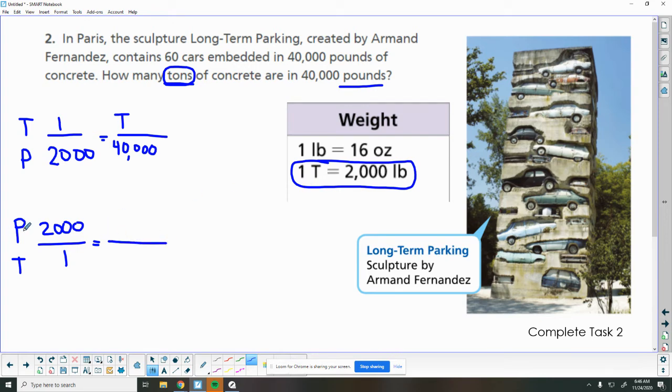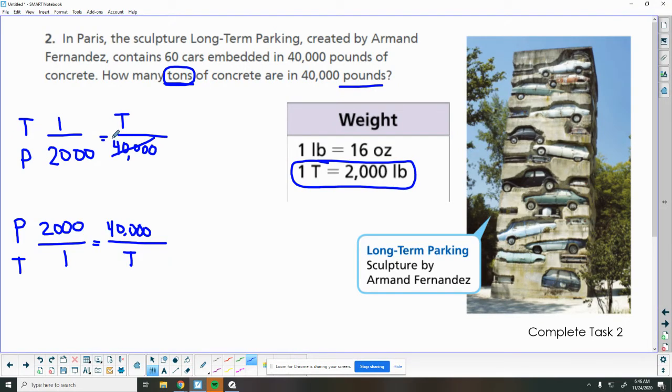So we can do it the other way here. We're looking for 40,000 pounds. So we're going to put 40,000 matching up with the pounds. We're looking for how many tons. So remember, we're trying to get T all by itself. So the opposite of divide by 40,000 is to multiply by 40,000.